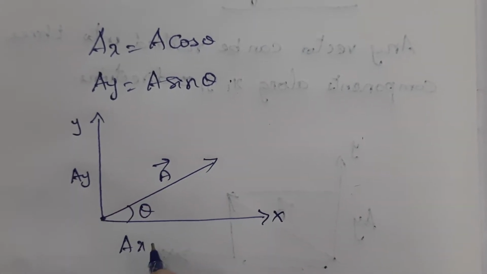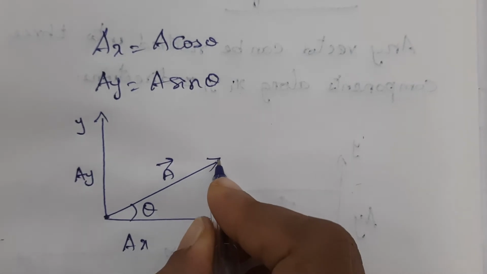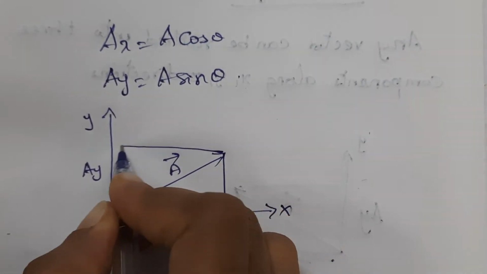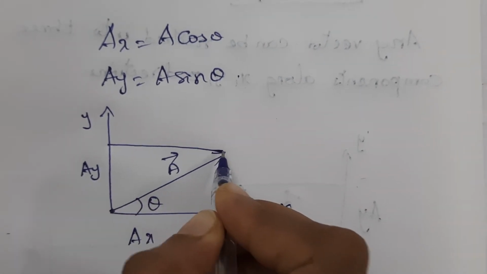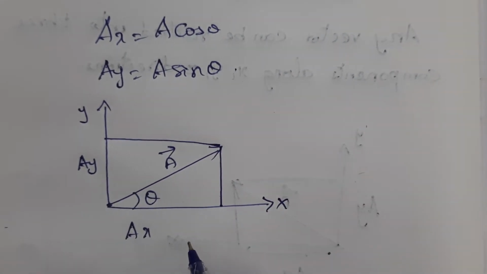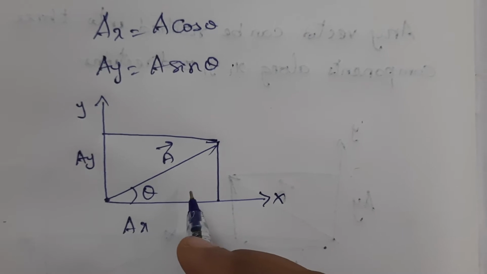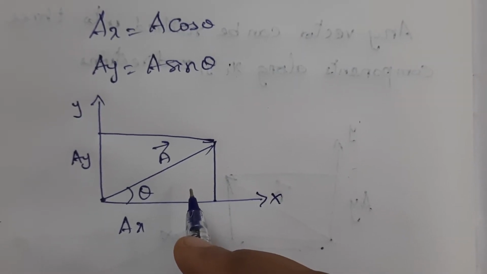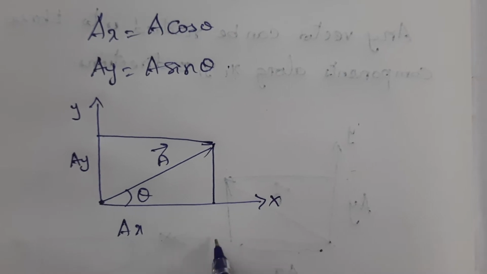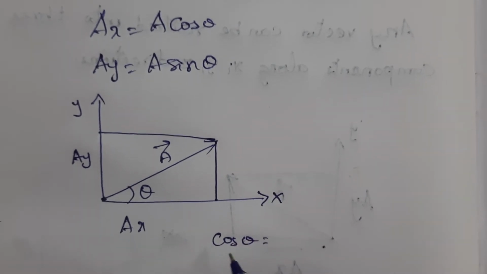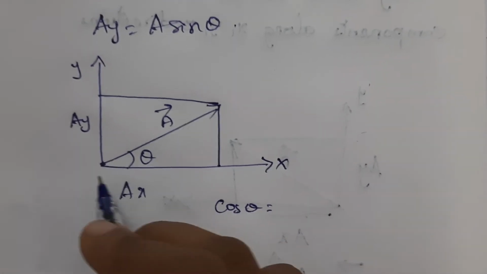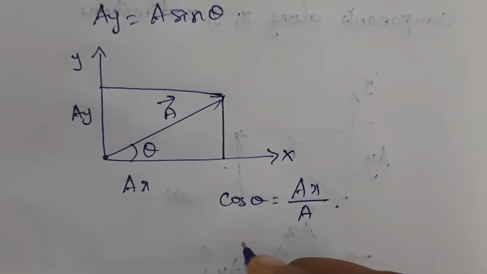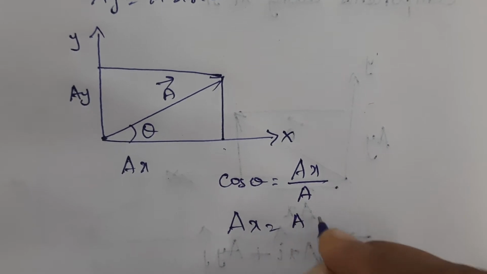What is the value of this? Drawing a perpendicular line from this vector to this x-axis and a perpendicular line from this vector to this y-axis. From this figure, tell me the value of cos theta. Cos theta is equal to adjacent side by hypotenuse, so Ax by A. From this, Ax is equal to what?